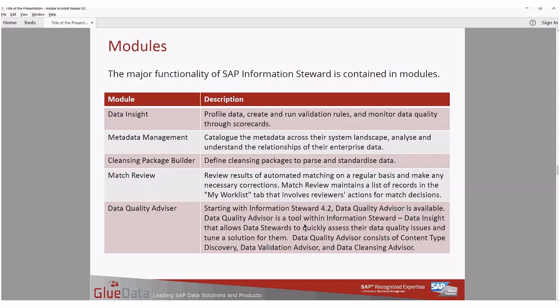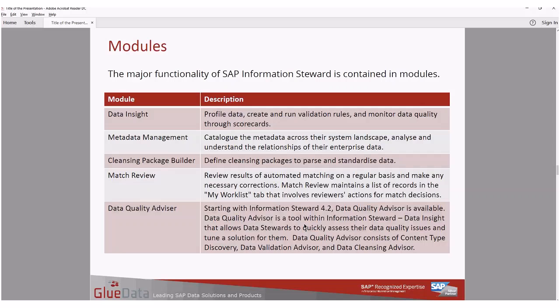Okay. Data Quality Advisor is a little tool available in the newer versions of Information Steward. It analyzes and provides quick suggestions as to which rules can be implemented off the bat. Now, these are very much superficial rules in nature. It doesn't have a lot of business logic behind it.